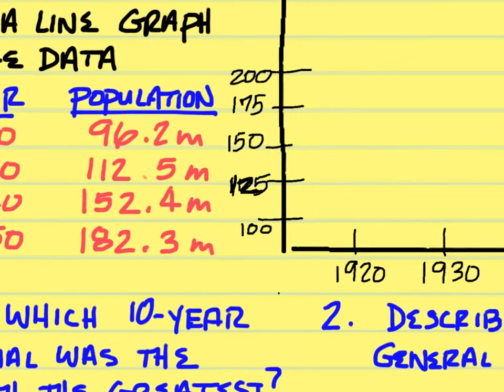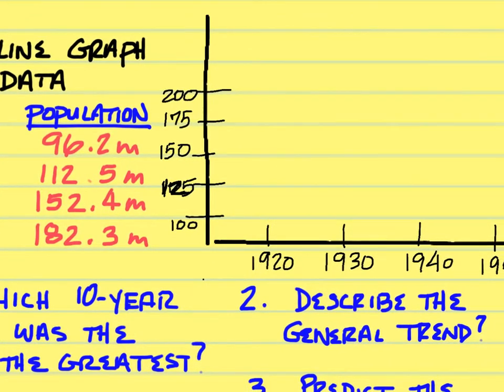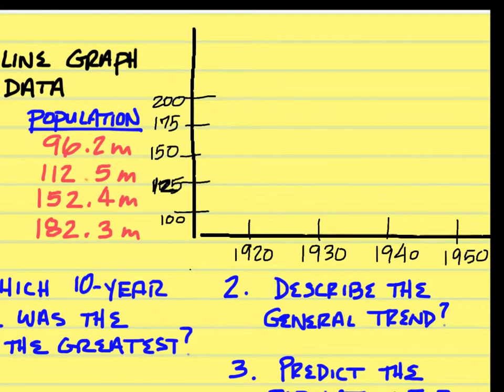And now we can make the dots. For 1920, it is 96.2 million. So it's going to be just below the 100. 112.5 is at 1930, so that's just a hair above the 100. 152.4 for 1940 is just a hair above 150.